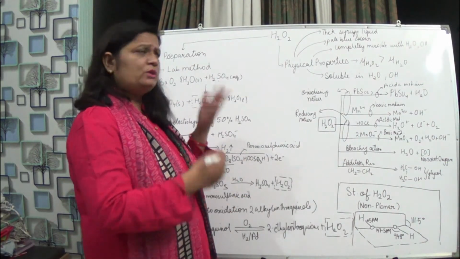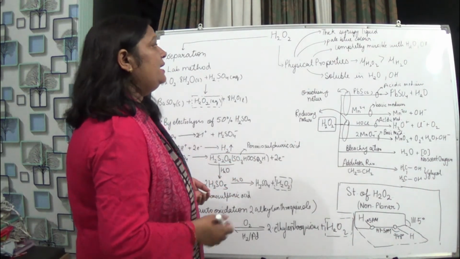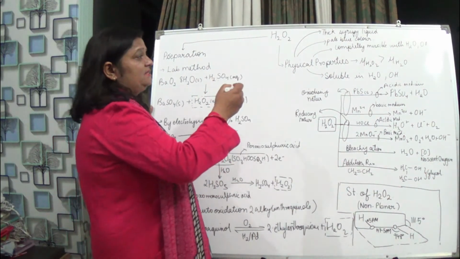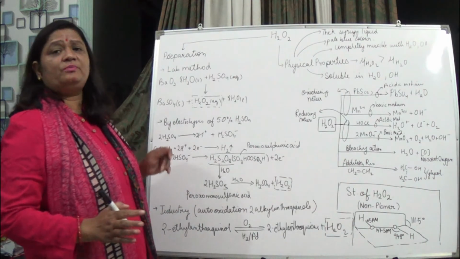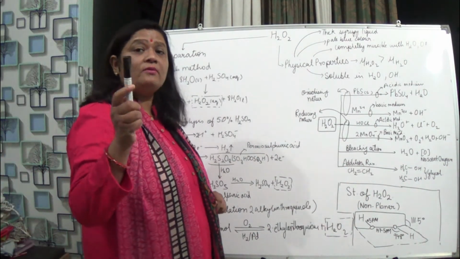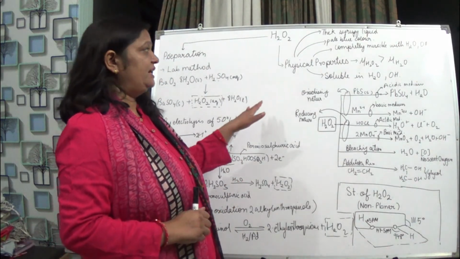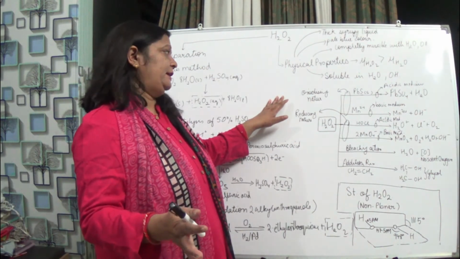It can be miscible in water to any extent. When we talk about its dipole moment, the dipole moment of hydrogen peroxide is greater than that of water, and it is soluble in water. We have studied that it can be dissolved in water to any extent.